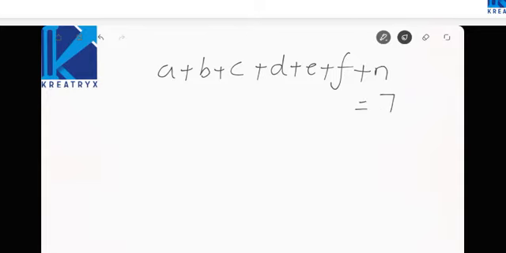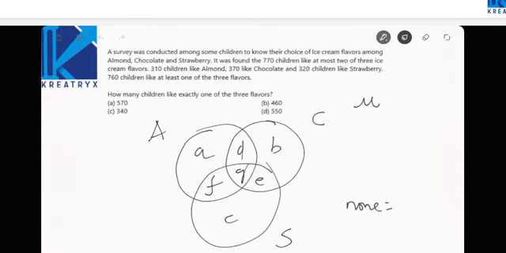A plus B plus C is one flavor. D plus E plus F are the persons who like two flavors, and none of the flavors is N. That is equal to 770. Now next we'll go to the back and see the next data.